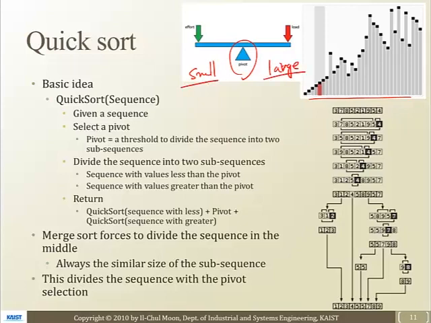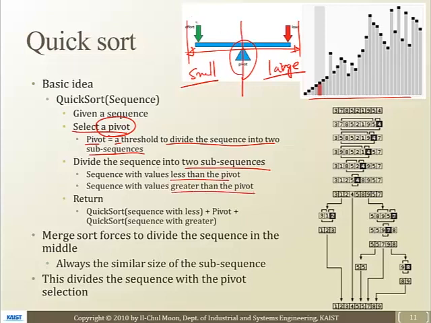So the basic idea is that given a sequence of values, you are going to select one value which is going to be called the pivot value. The pivot is going to be a threshold to divide the sequence into two subsequences, a sequence with the lesser values and a sequence with the greater values.